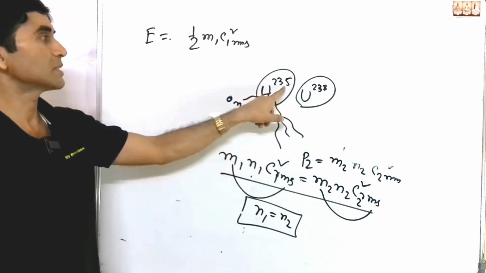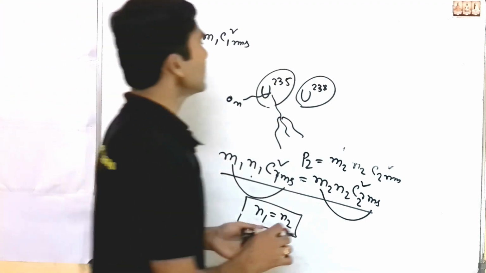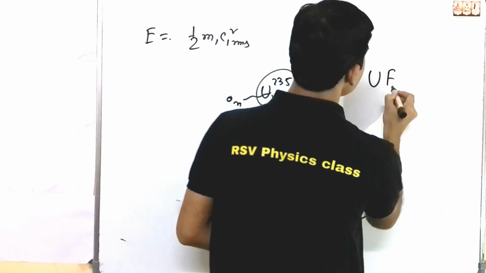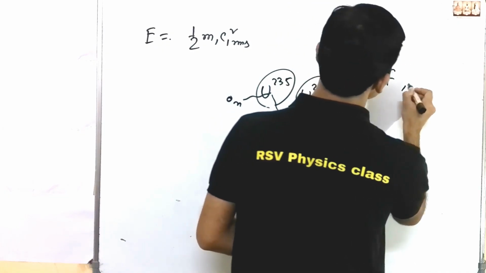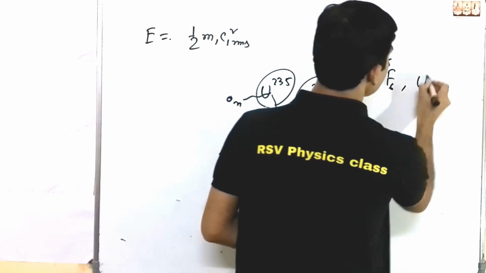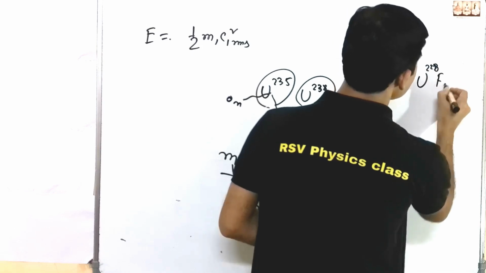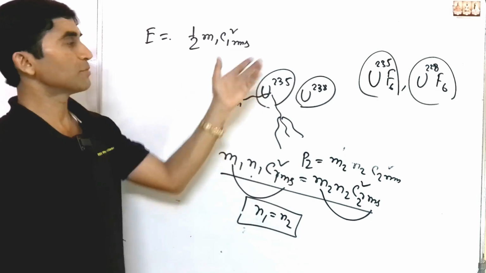So you have to enrich, मतलब इसका concentration ज़्यादा करना है. So यहाँ आपका यूरेनियम 235 का फ्लोराइड है ना, UF6, and U238 F6, and this gas. So there is a diffuser.